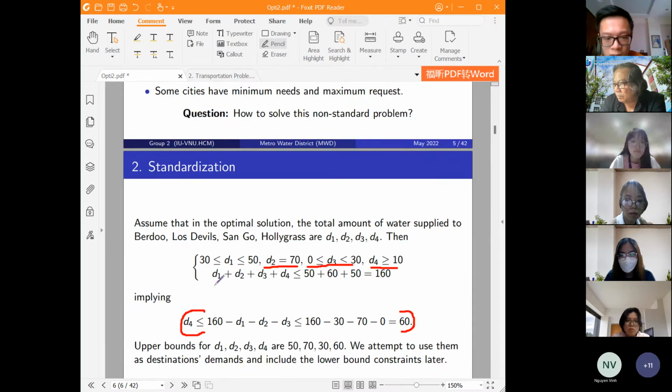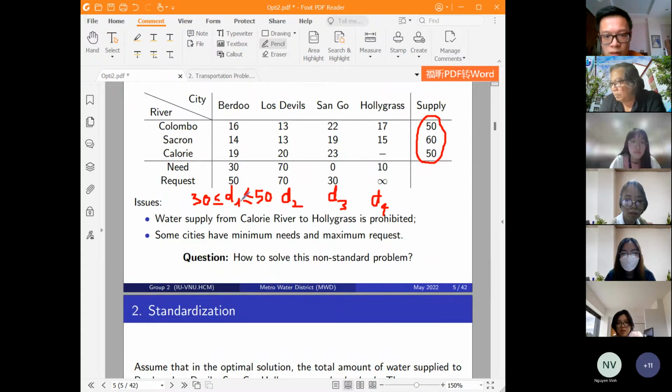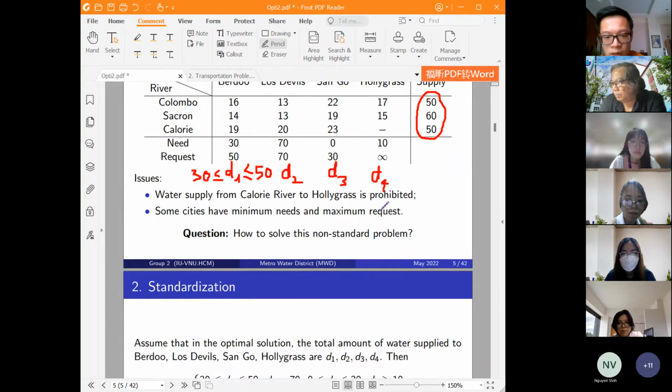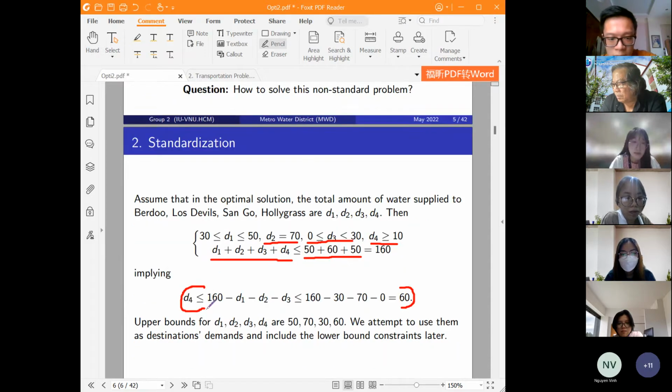It means that the total amount of water supplied to the 4 cities, the sum of D1, D2, D3, and D4, must be less than or equal to the available supply, which is 160. Then we use the inequalities. The second inequality implies that D4 is less than or equal to 160 minus D1 minus D2 minus D3.